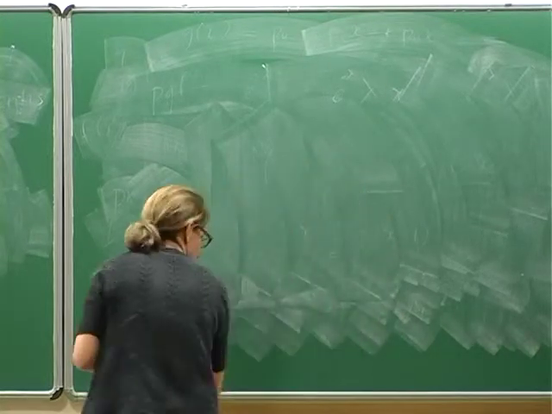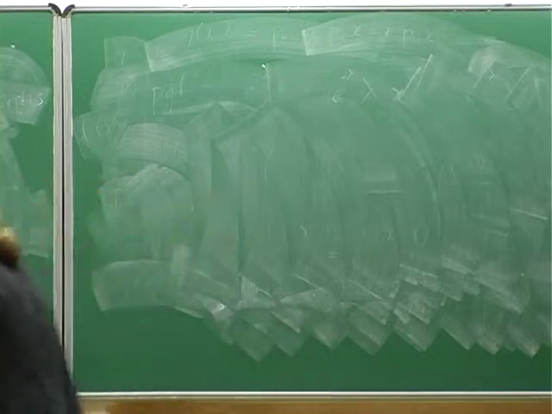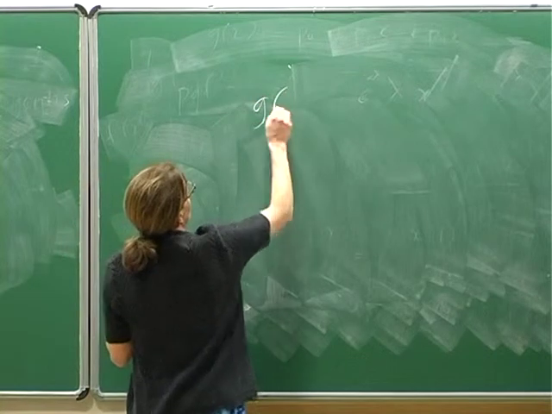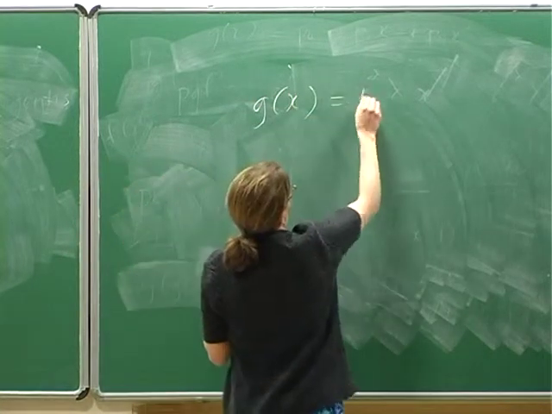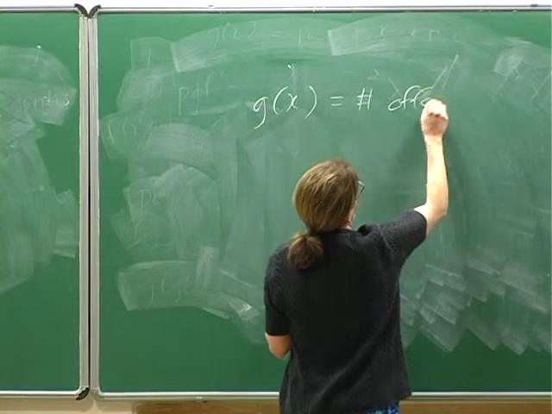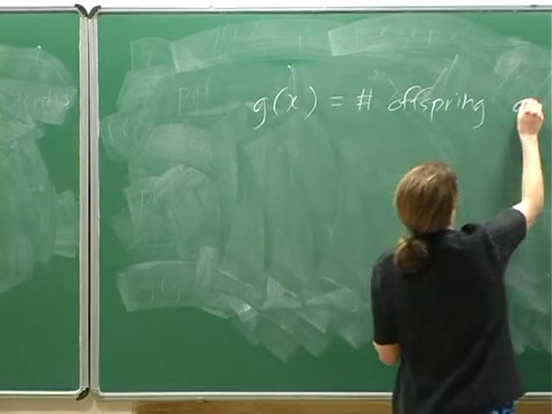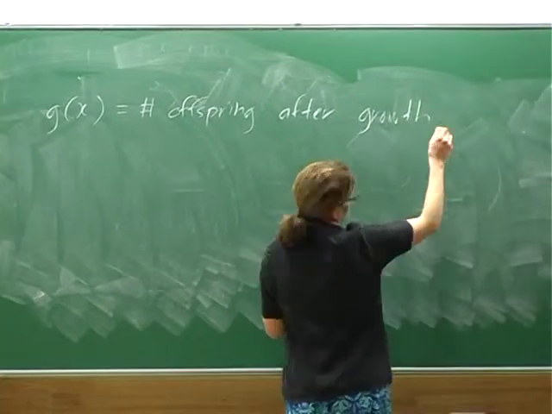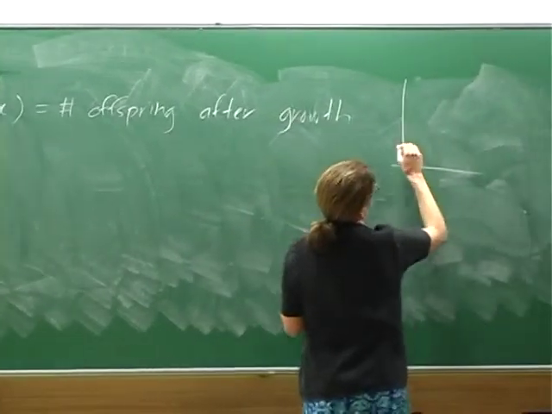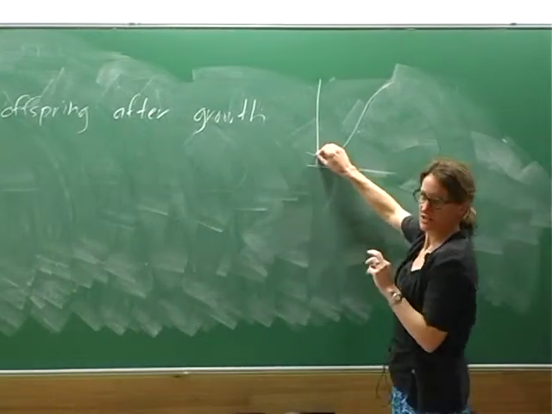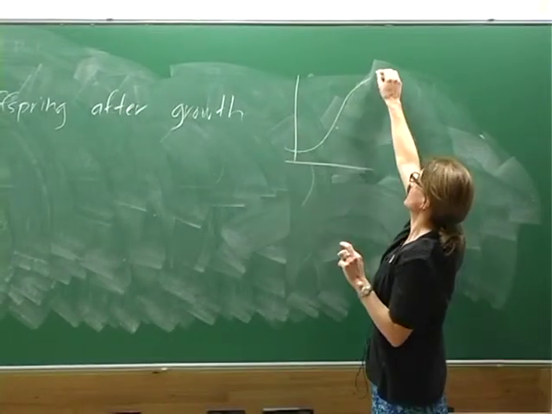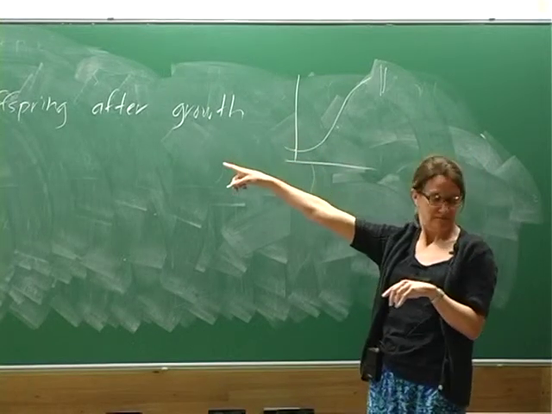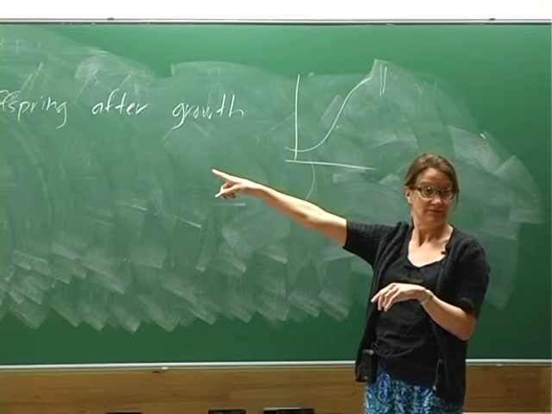So for example, G of x is like the number of offspring after growth, G for growth. So you have a population that grows, and each individual here has a certain probability distribution of offspring up here, and we're going to put all of those p-values into G and build a probability generating function.